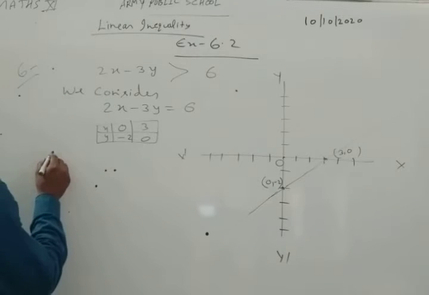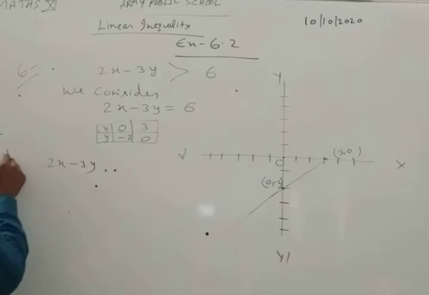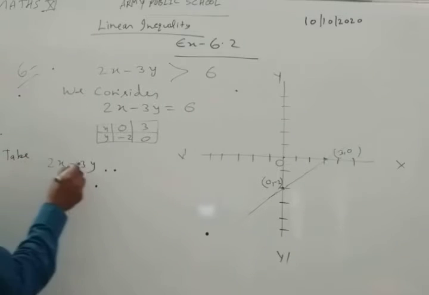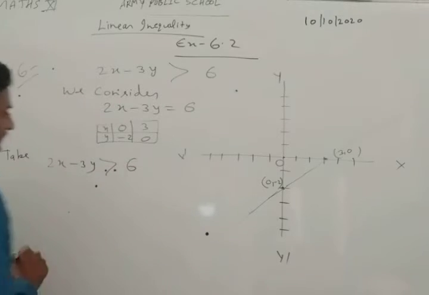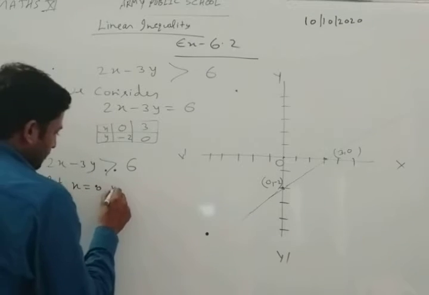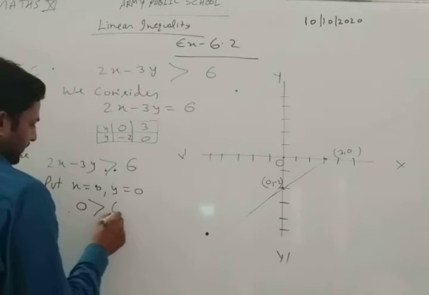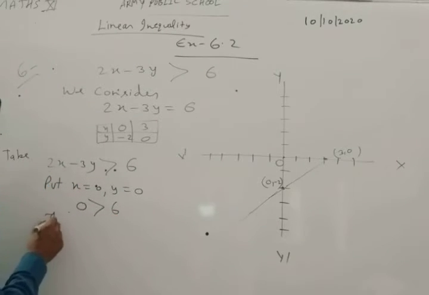Take the inequality 2x minus 3y is greater than 6. Let us put x is equal to 0, y is equal to 0. The whole quantity is 0, which is greater than 6?